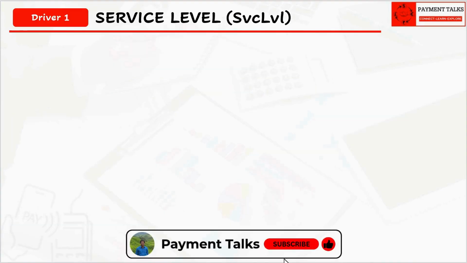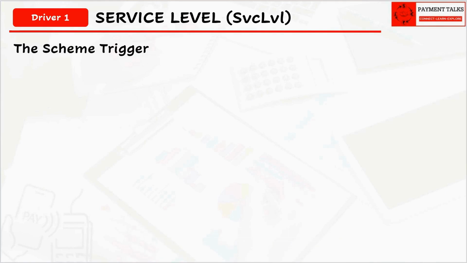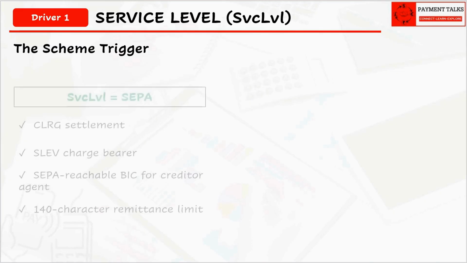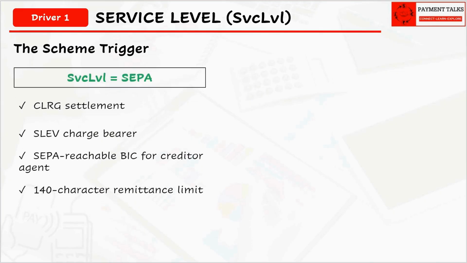Driver 1, the service level code in the payment type information block of the pain.001. If service level contains the code SEPA, SEPA credit transfer rules apply. CLRG settlement method, SHAR charge bearer, the creditor agent must be SEPA reachable. Remittance information is capped at 140 characters.